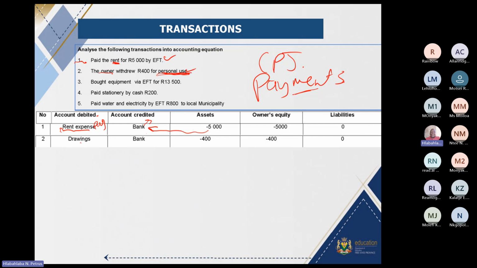Why is drawings debited? Because of this personal use. Under assets it is going to be minus 400 because of the bank, and under owner's equity minus 400 because of the drawings. Drawings will always reduce owner's equity.